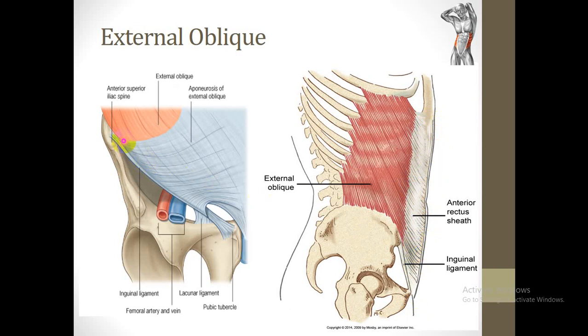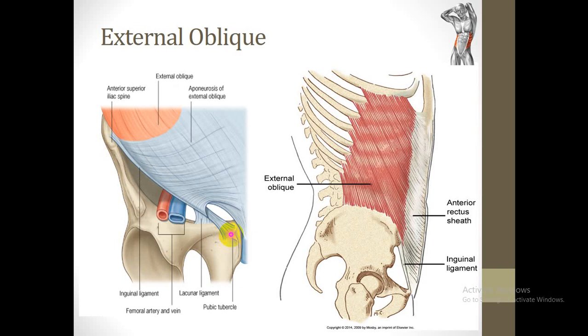Also, at the lower free edge of this muscle from the external aponeurosis, the lower edge will be reinforced by folding itself and form a ligament extended from the anterior superior iliac spine to the pubic tubercle.